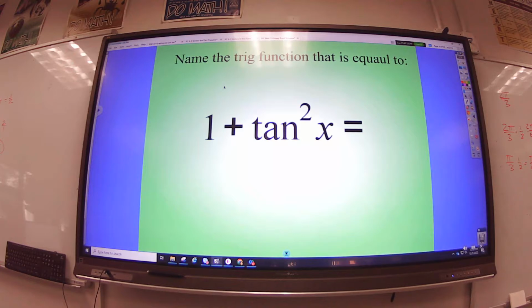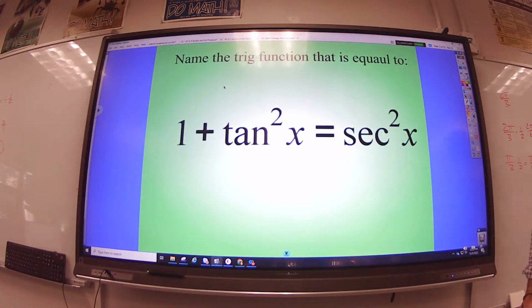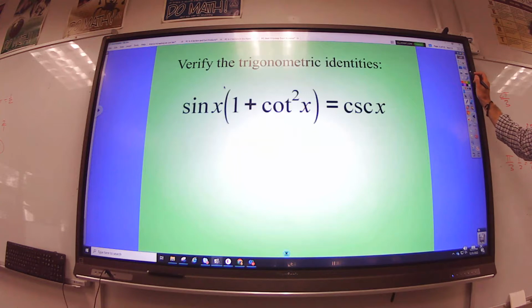You have to move things around. You guys see it in your sheet of paper here? You get secant squared x. You can use your golden sheet. All right, anyhow, pretty straightforward.